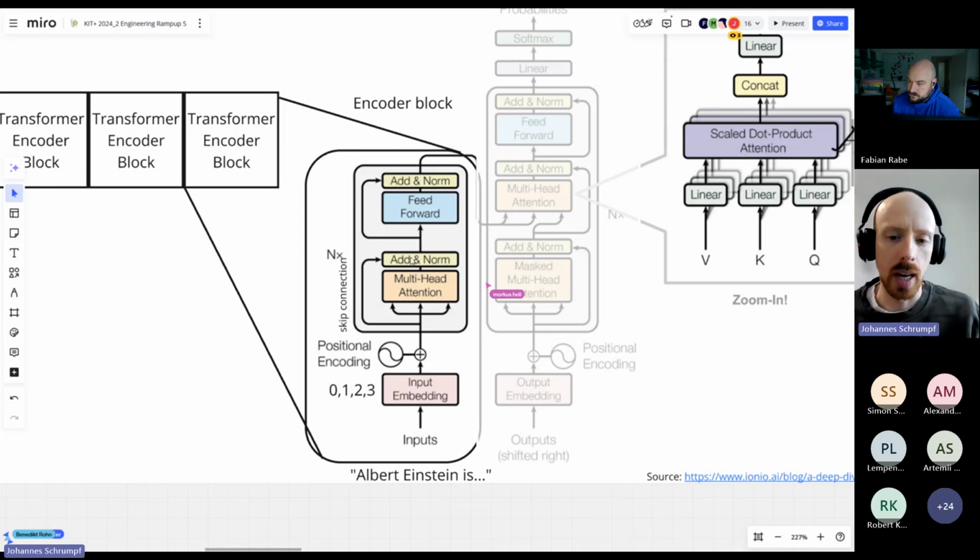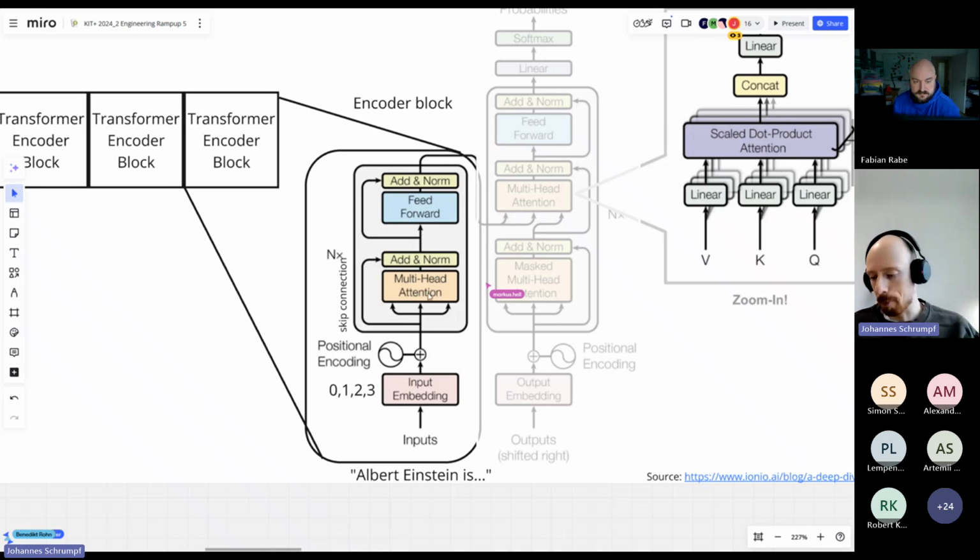Another question is, why should we ever integrate non-processed input with input that has been processed? Why should we do this? Why do we add something that has not been processed to something that has been processed, while we of course want the network to process something, right?